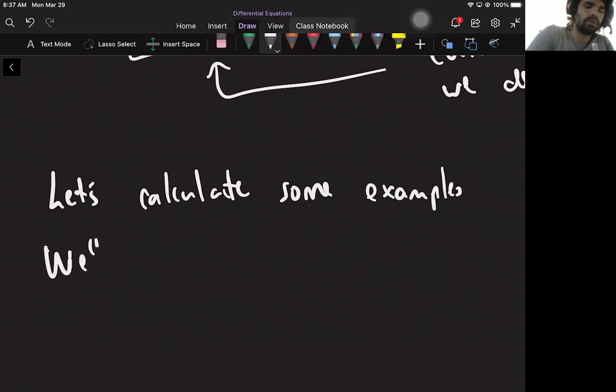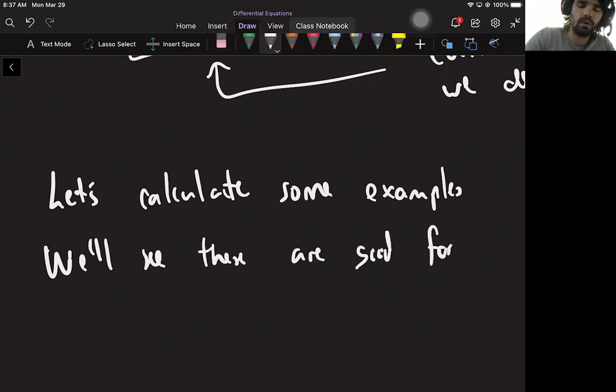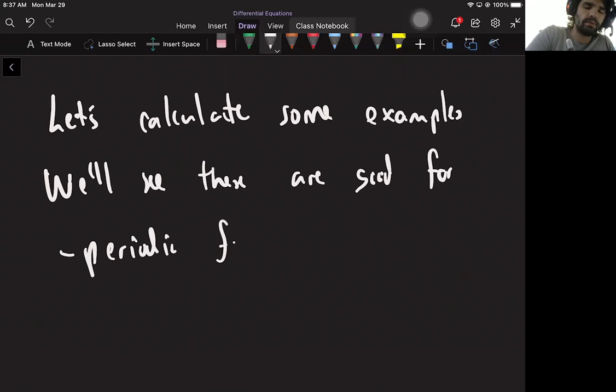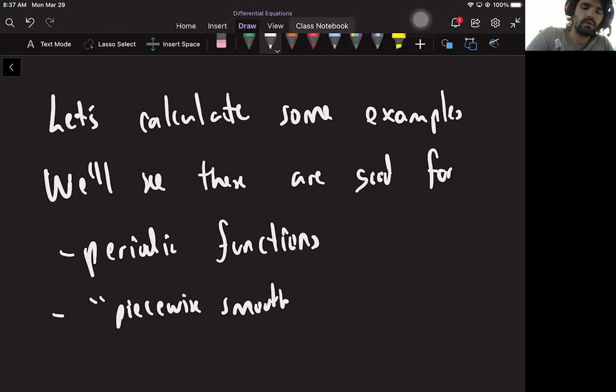And what we'll notice is these are good for periodic functions, so functions that just keep repeating, and piecewise smooth functions.